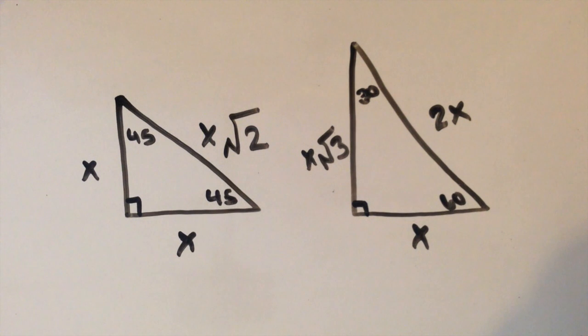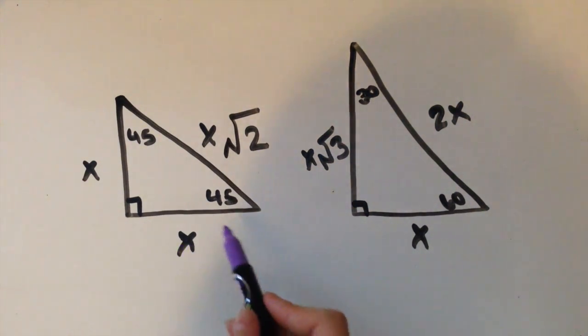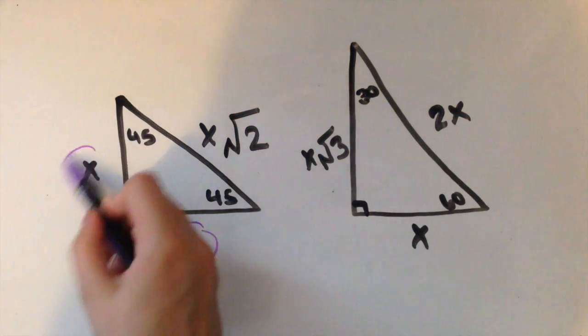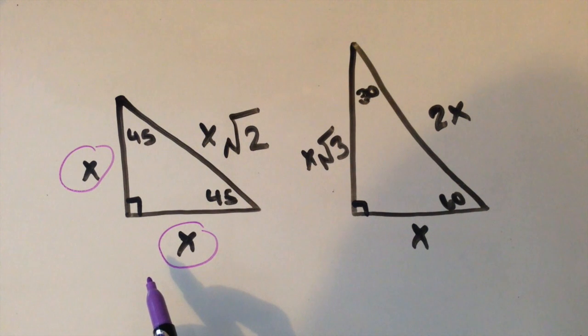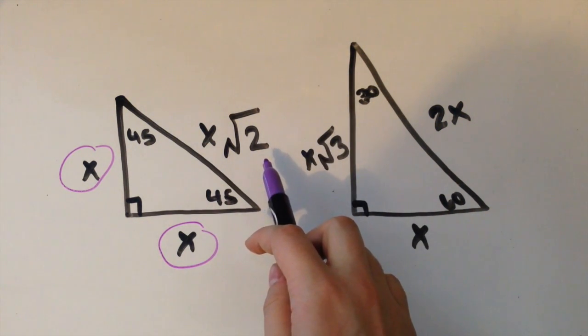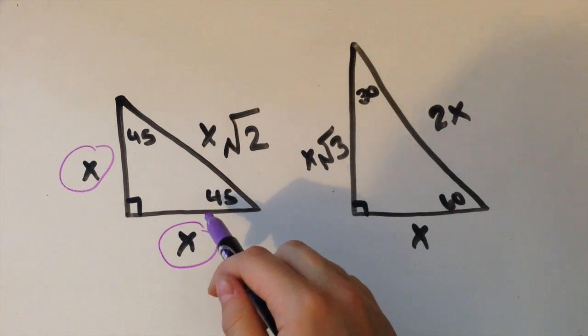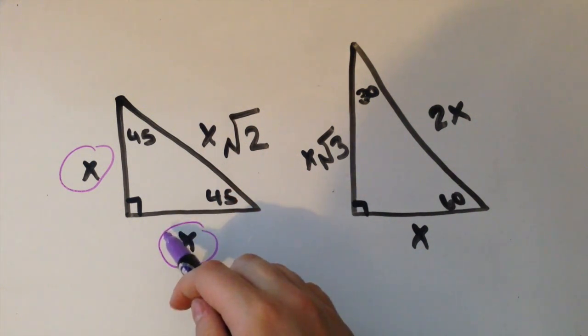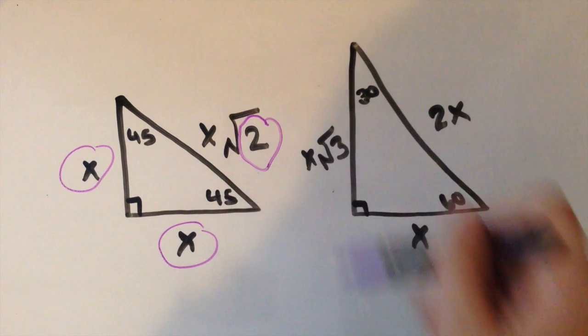A trick for remembering these triangles is that in the 45-45-90 triangle, because it's isosceles, that means these sides will always be the same, and therefore it's simple. They will always be x. The way to remember root 2 is that it is an isosceles with 2 identical sides. 2 identical sides and the number 2.